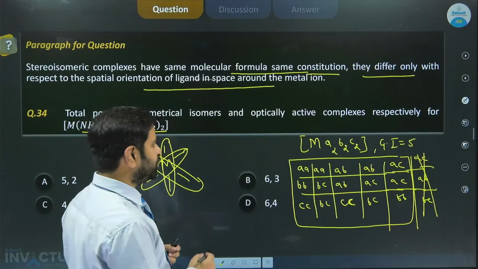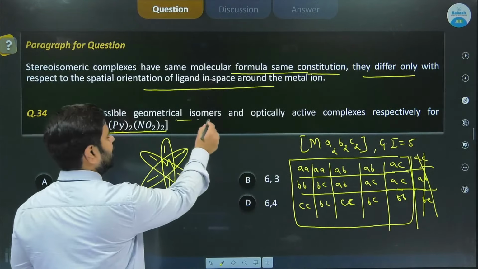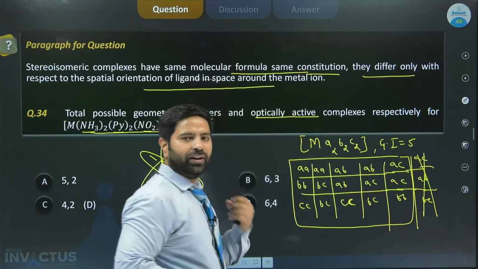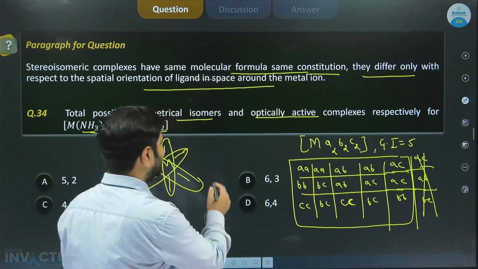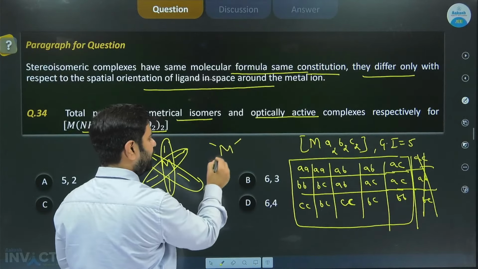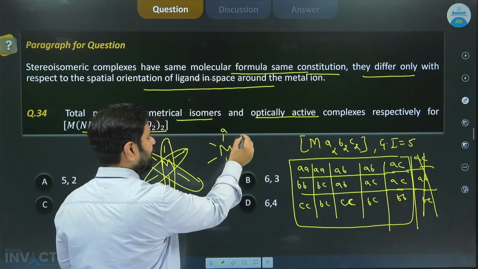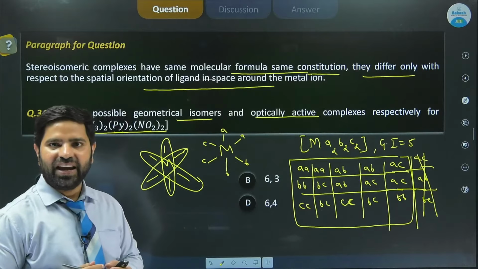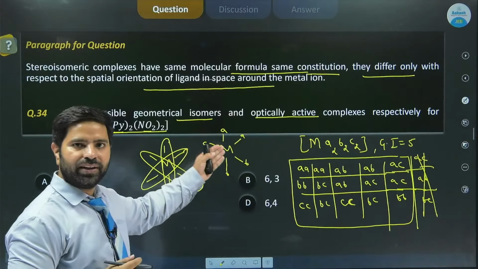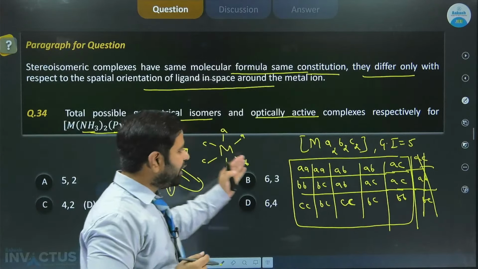5 geometrical isomers would be there, but it is asking about geometrical isomers and optically active isomers. So which will be optically active? The one in which all are trans, like AA, BB and CC. It will not have any plane of symmetry. All others will have a plane of symmetry.